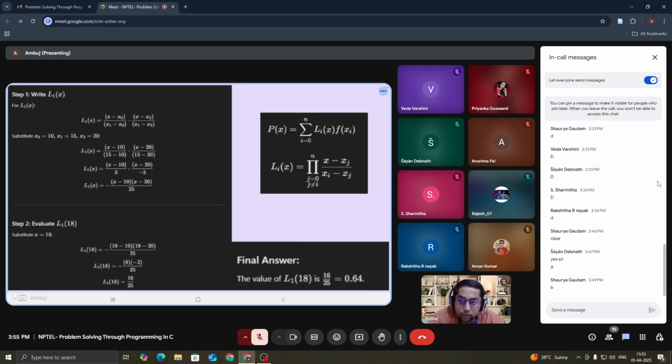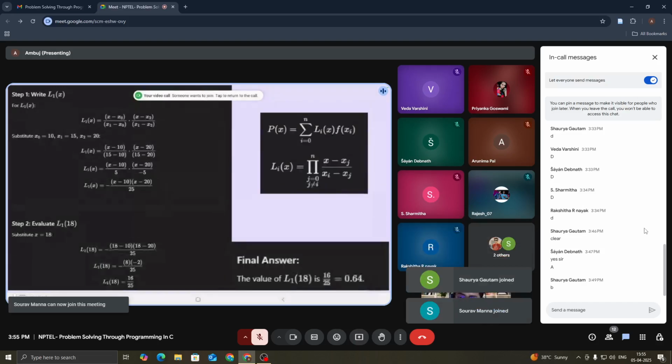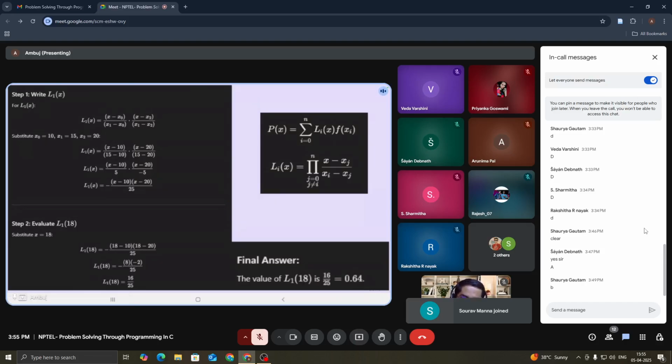Now that I have made the expression, half of my job is over. I just have to substitute x0 as 10, x1 as 15, and x2 as 20.